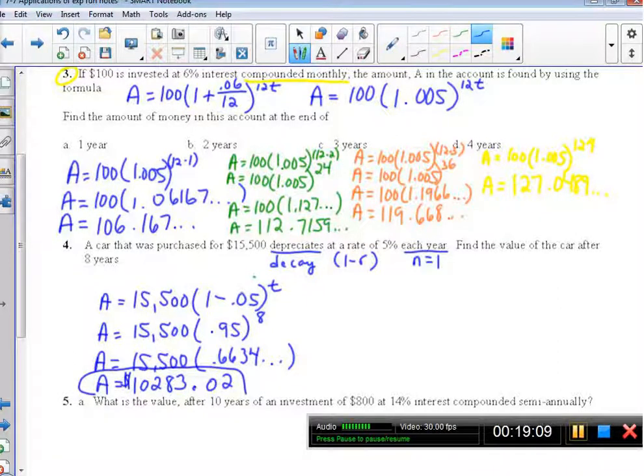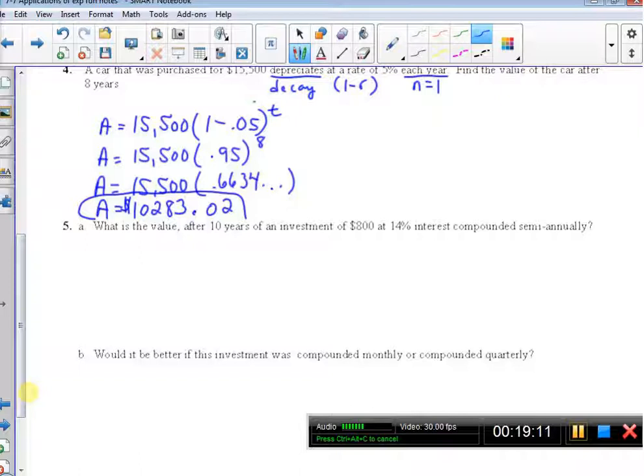All right, number 5, what is the value after 10 years of an investment of 800? This is the P. This is the R, which is 0.14, at 14% interest, compounded semi-annually. That's twice a year. So n is equal to 2. So you need to be looking for that word compounded to use the formula at the top here.